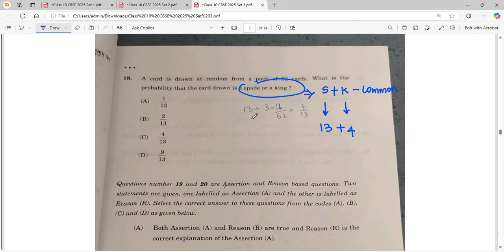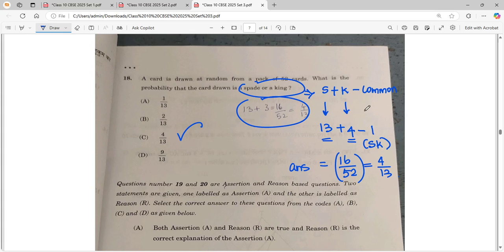It can be a club king, a heart king, a diamond king, or a spade king. So 13 spade cards plus 4 kings, which includes one common, the spade king. So this will be 13 plus 4, which is 17, minus 1, which is 16, divided by 52. So the answer will be 16 divided by 52.